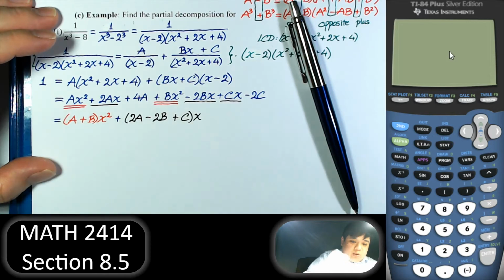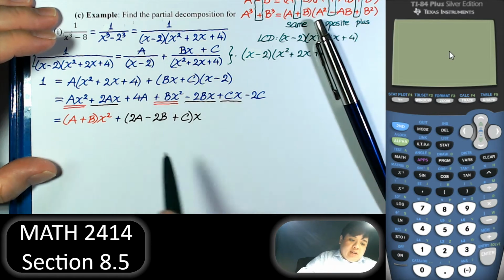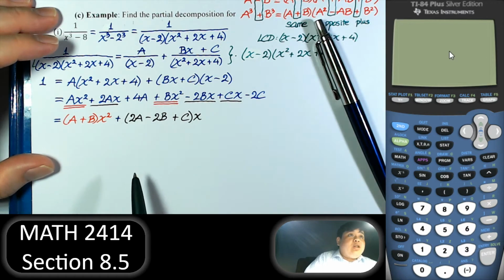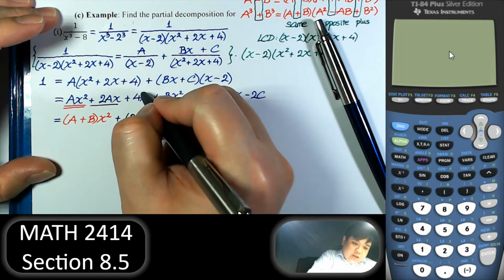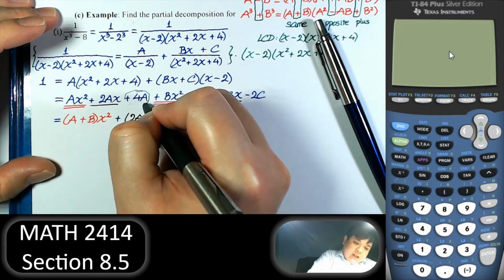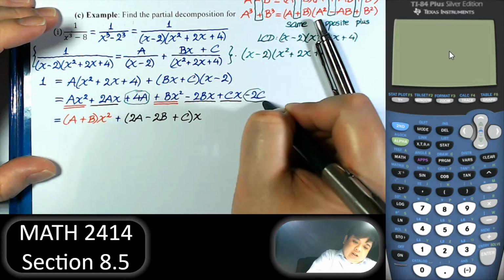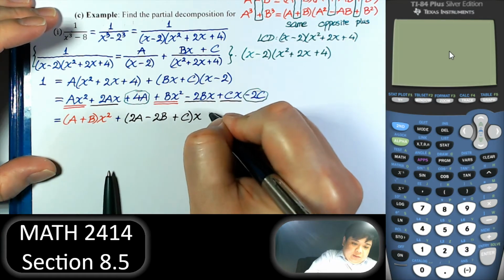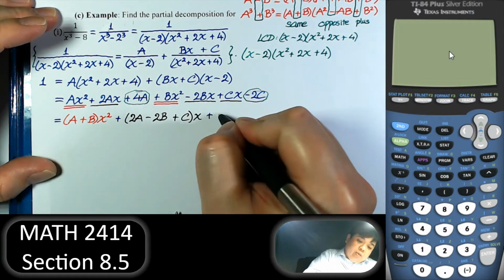When we do that, the only thing left is 4a minus 2c, the constant, which I put in parentheses as well.